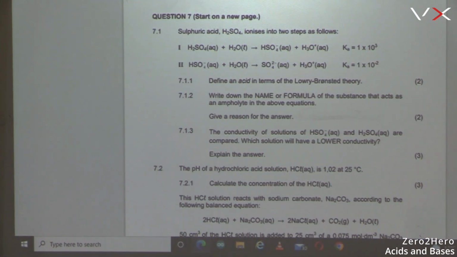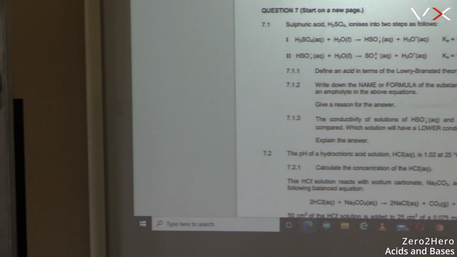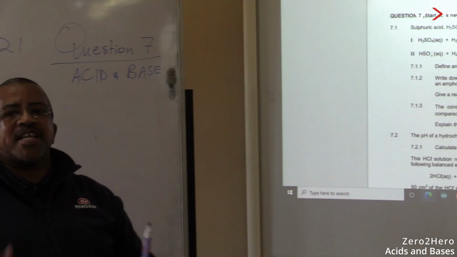Then it ionizes easily, so the conductivity to conduct electricity, moving ions, is very, very high.